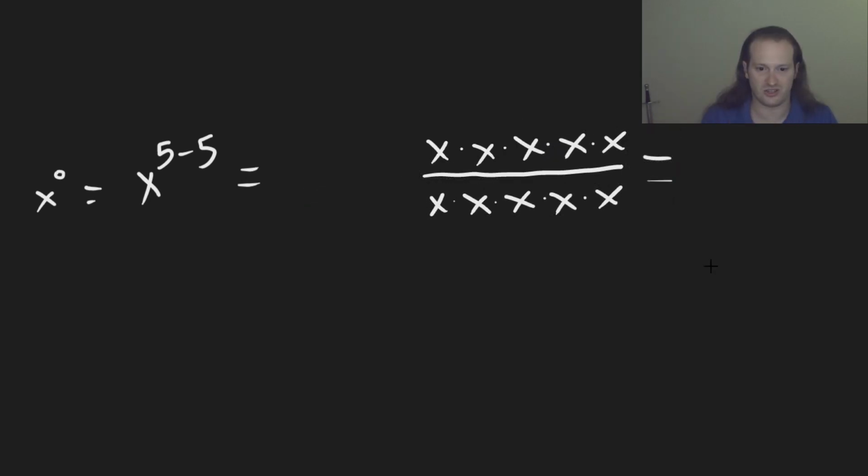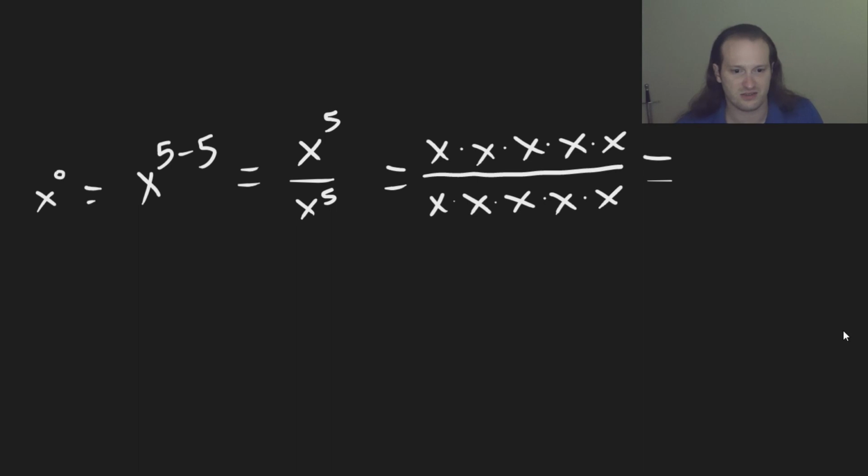It would be better to start this out as x to the 5th over x to the 5th. Because that's the shortcut. That's the actual shortcut here. This is going from this to the definition. Sorry about that. I'm sure you're not offended. Anything divided by itself is 1. In fact, we didn't even need to go to the definition. We just look at the fraction. That's equal to 1.